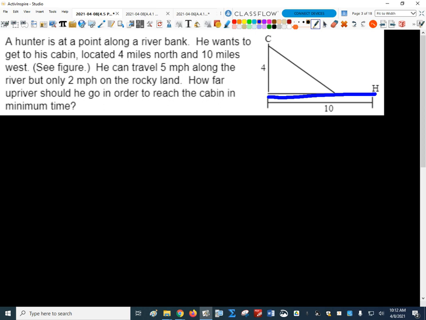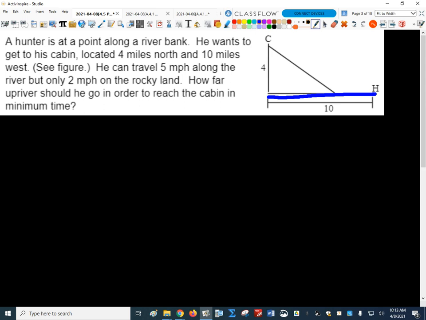All right, so let's figure this out here. We've got a picture, right? We need to probably add a variable to our picture. What's the thing that we can vary here? Distance along the river?